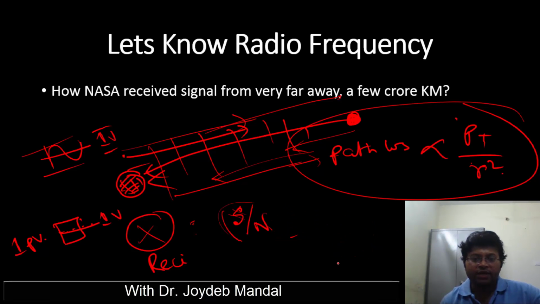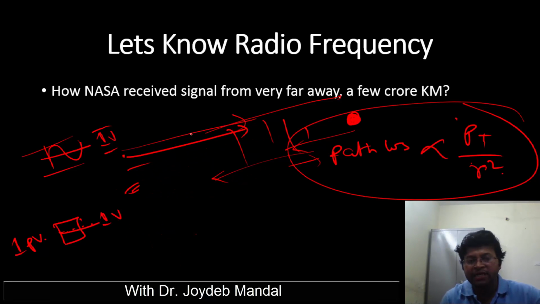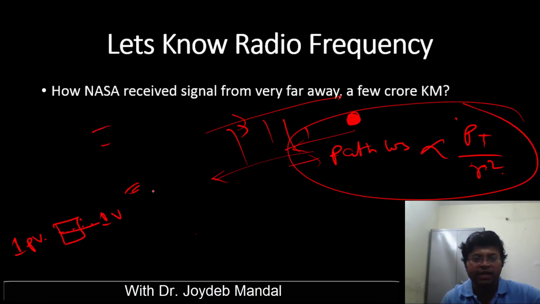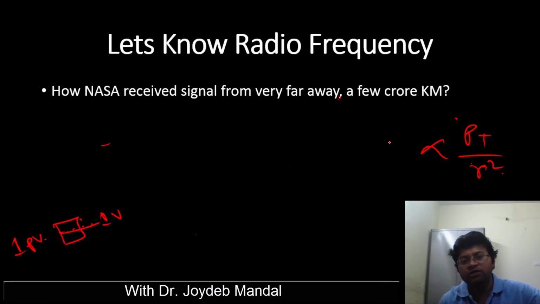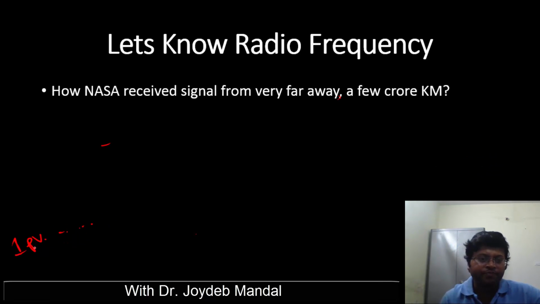For long distance we cannot apply high power, we will give moderate power as the transmitted power, but in the receiver section we will work on it. We will develop our receiver in such a way that, at least from a few crore kilometers, if any signal comes, we will detect it.